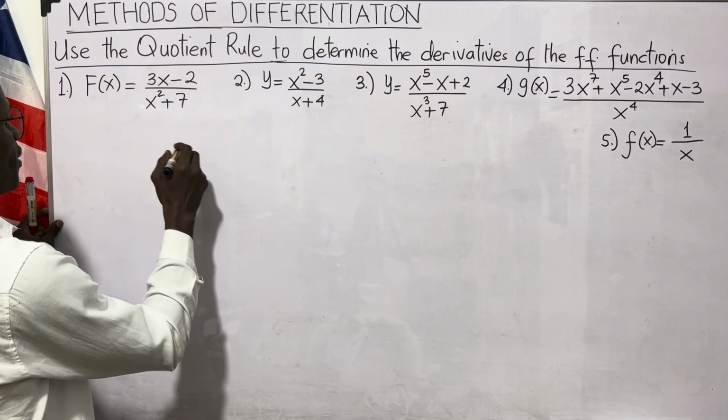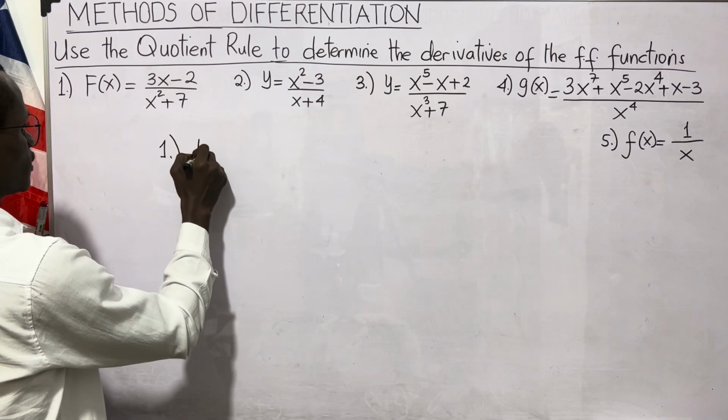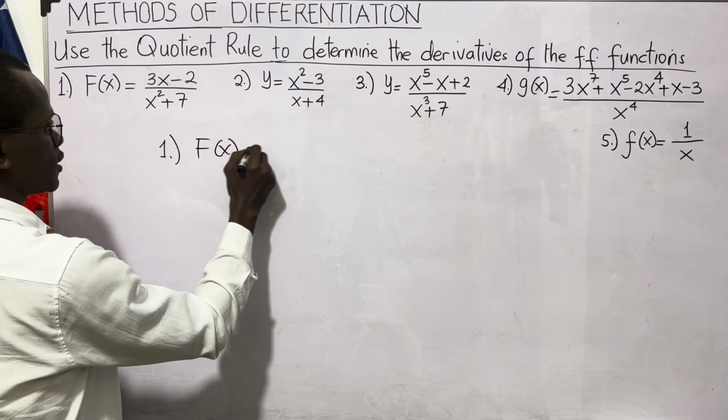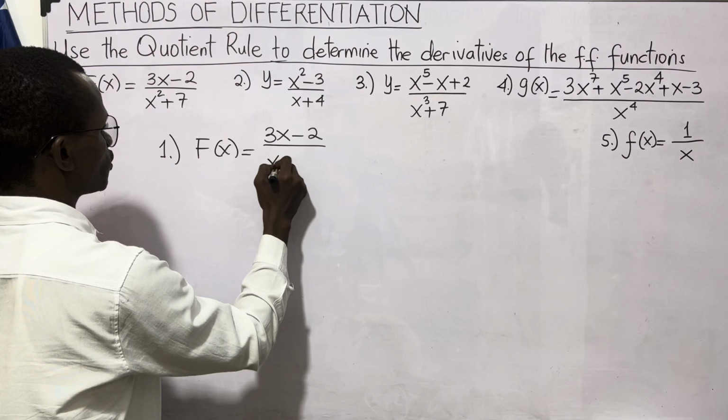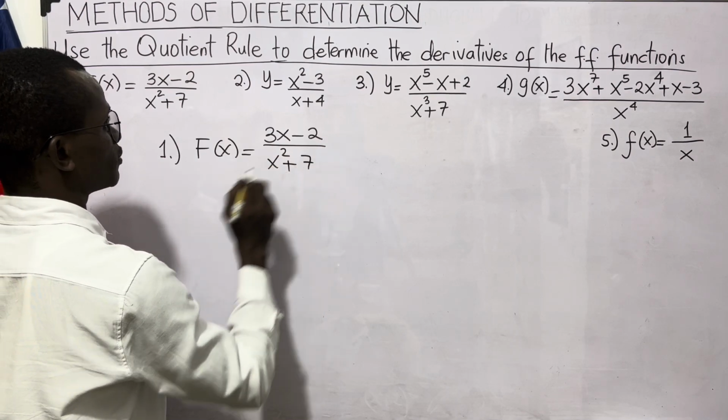Okay, let's solve the first problem. Question 1 says f of x is equal to 3x minus 2 all over x squared plus 7.